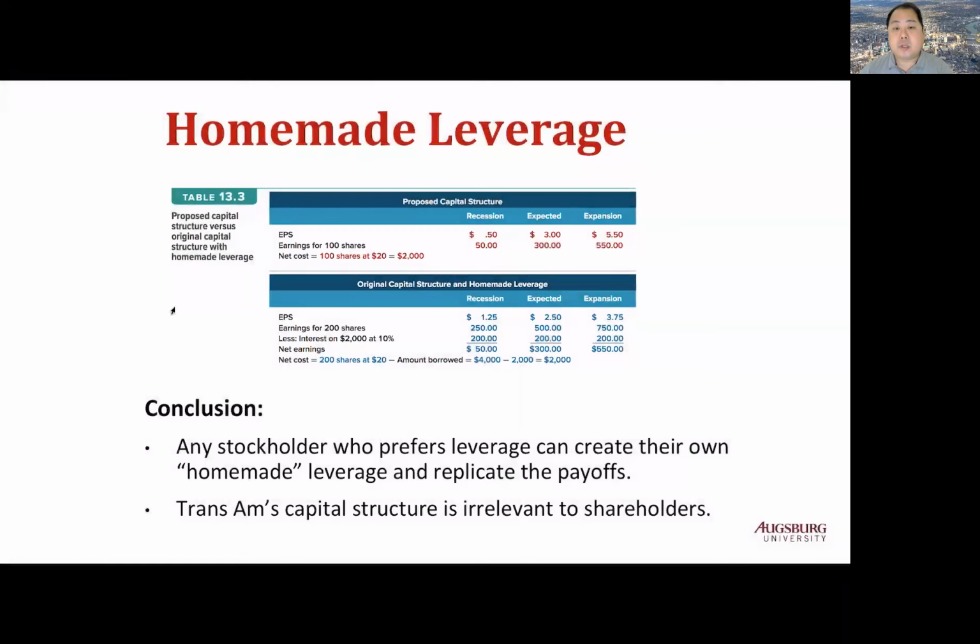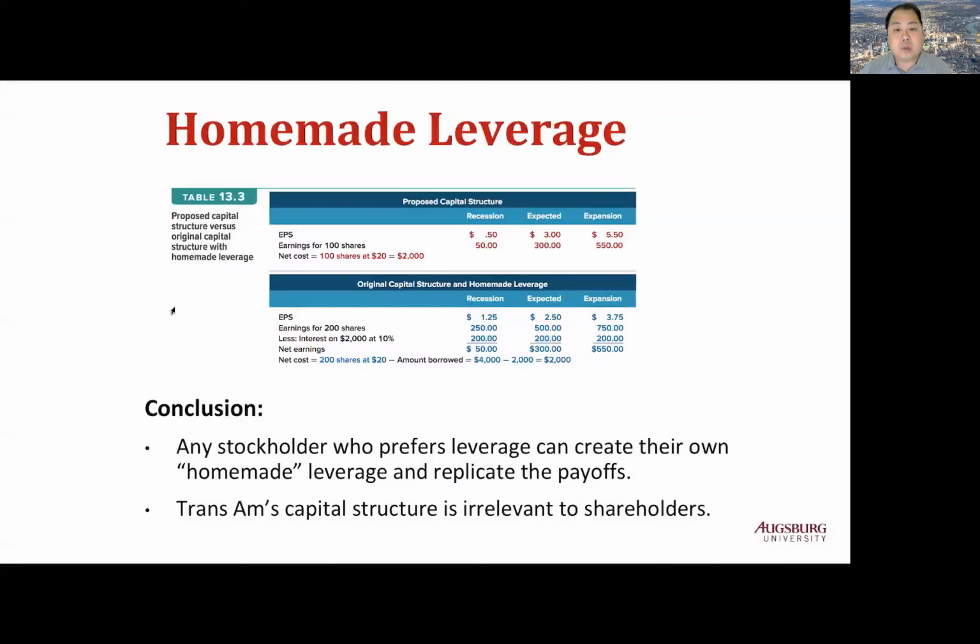Now, from the investors' perspective, should investors always try to find companies with the right level of leverage which satisfies investors' needs? The answer is no. An investor can freely make his own leverage using a personal loan, called homemade leverage.